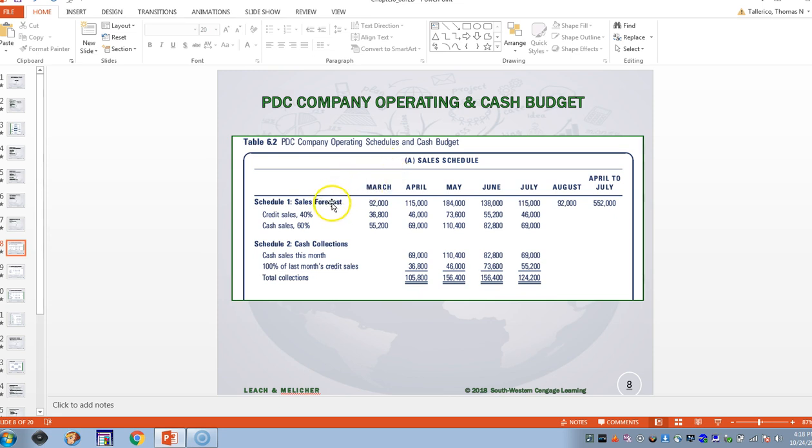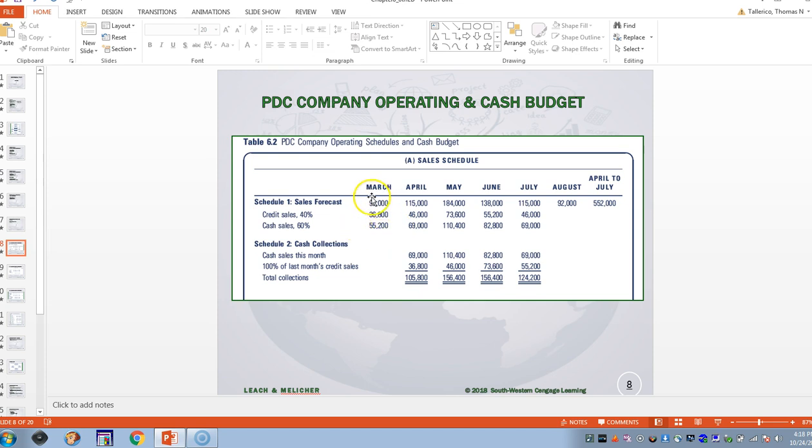And here's the sales forecast, in thousands of dollars, 92,000. And this is all forecast, and you notice the word forecast. So we determine that 40% of this will be in credit and 60% in cash.